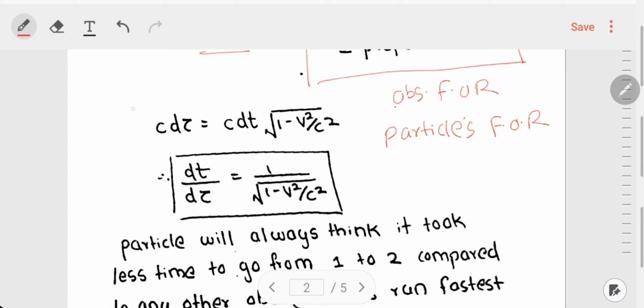Thus we have c d tau is equal to c dt into under root 1 minus v square by c square, and rearranging the terms we get dt by d tau is equal to 1 over under root 1 minus v square by c square, and this is nothing but our gamma.